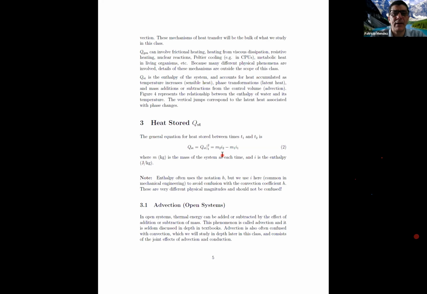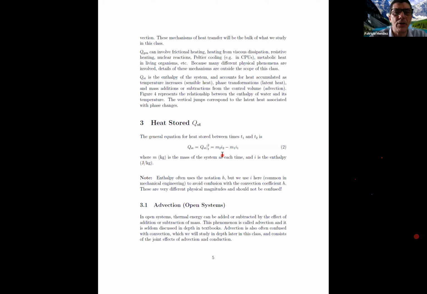So when I write I2 or I1, it means joules per kilogram with reference to some arbitrary zero. I'm not saying what the arbitrary zero is right now. What you're going to see is that in every equation we write in this class, this arbitrary zero will cancel out. So we don't need to worry about what the reference point for the enthalpy is.